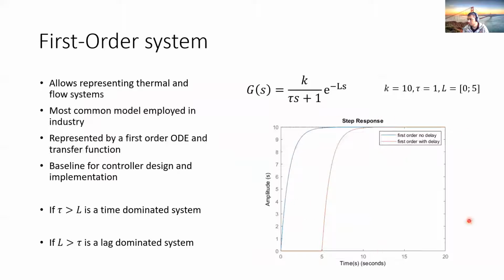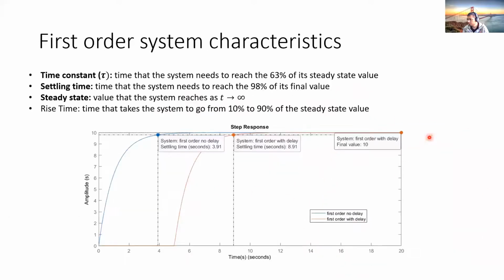It's exactly this response here, but we just extend or expand it in order to show the properties better. And we have another property that is the rise time. The rise time is the time that takes the system to go from 10% to 90% of the steady state value. In the first order system, we can measure all these properties really easily.